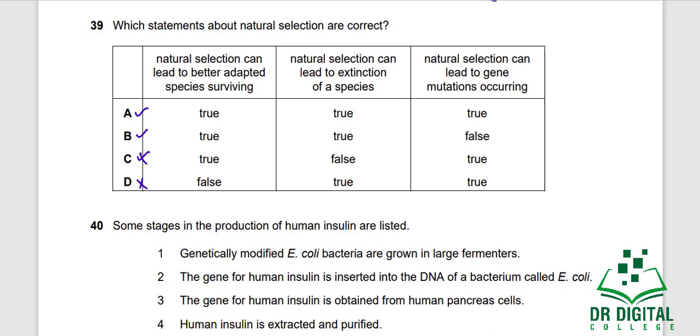You know that natural selection cannot lead to gene mutation, rather gene mutation can lead to natural selection. So this is wrong. Natural selection will not result in mutation, rather mutation will result in natural selection. So the correct answer for question 39 is B.